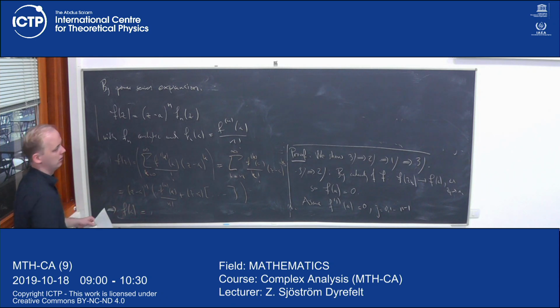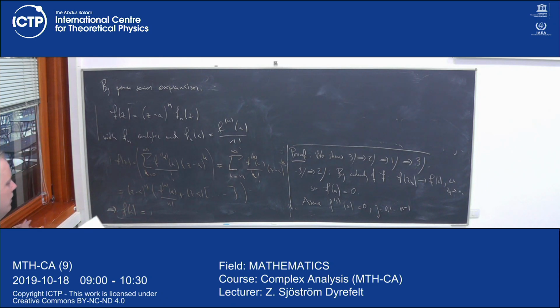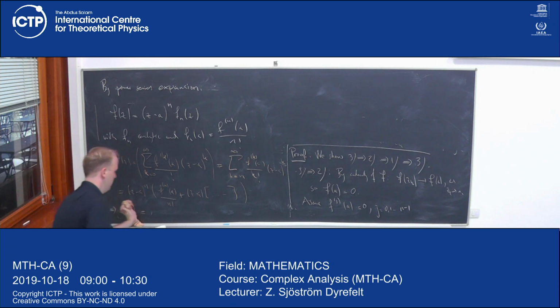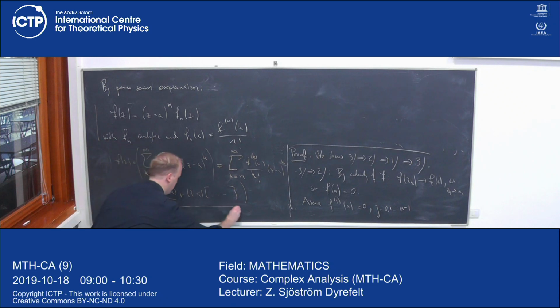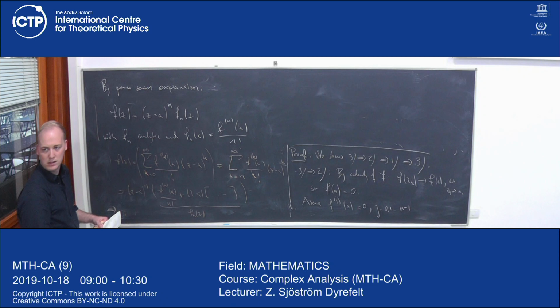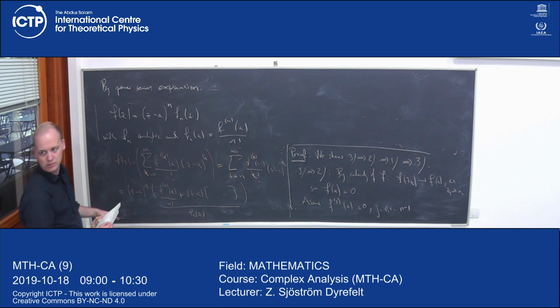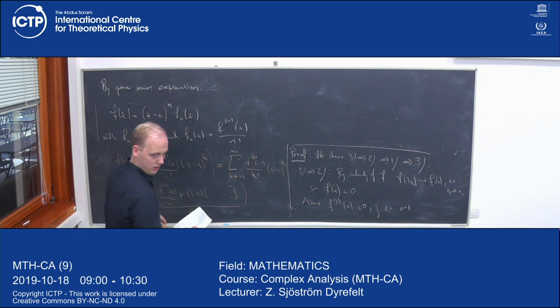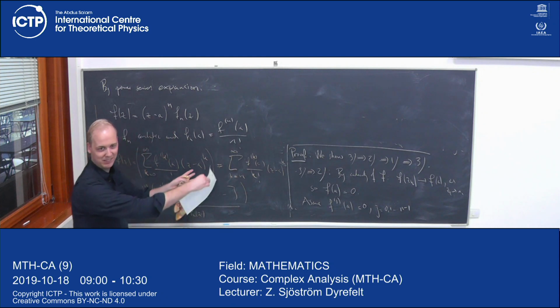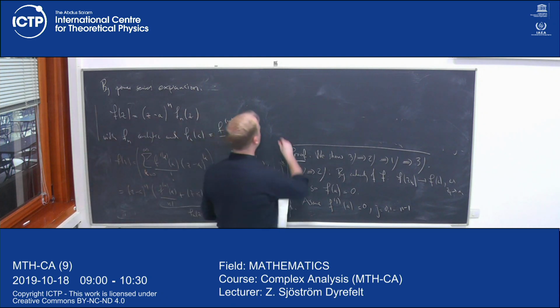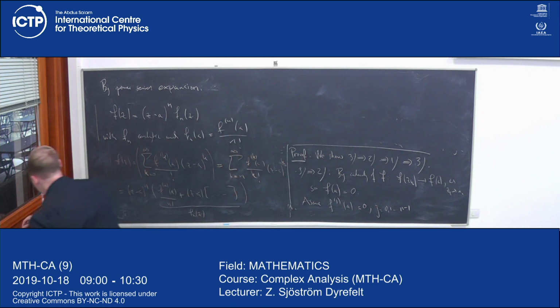Wait, sorry, what am I doing? I'm saying that fn of a, yeah, right. So this is fn of z. And then I take fn of a. Okay? Is it clear? It's a constant plus z minus a times something plus z minus a squared times something. I evaluated it at a.